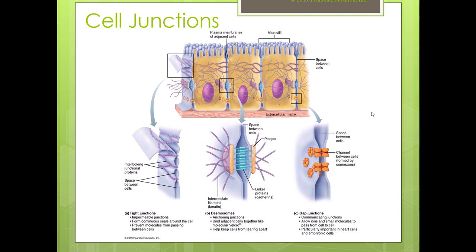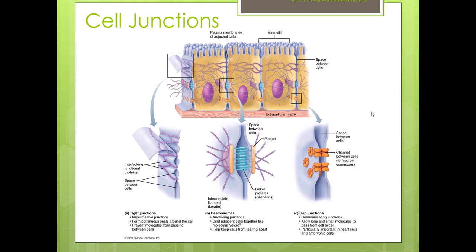You'll also find them in smooth muscle in our gut, and in the heart, right? The heart pumps as a unit. We have a 4-chambered heart, and it would be much less efficient if part of it contracted and then part of it contracted and then part of it contracted. We need the heart to do it all at once. And so the cardiac muscle cells, heart cells, have a lot of gap junctions in them.